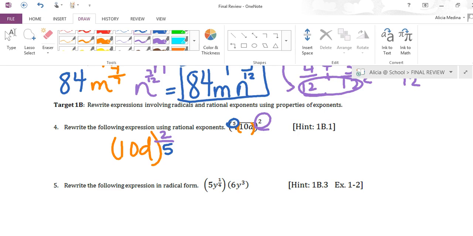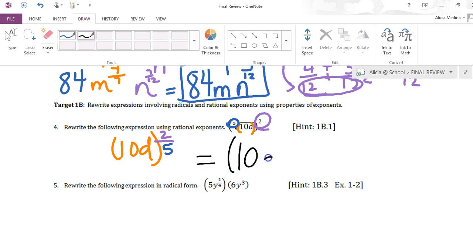Alright, all it's asking me is to rewrite it. Okay, so making this look a little bit more like an exponent, I'm going to write 10d and then 2/5 is an exponent.